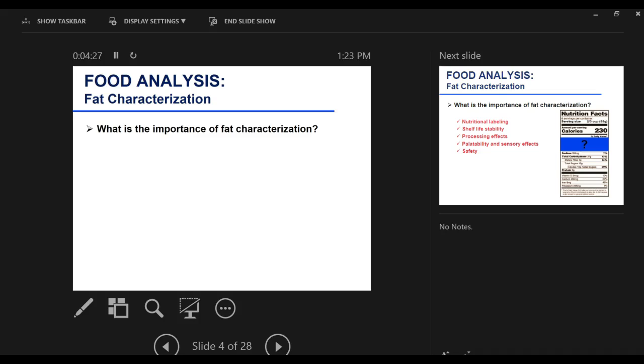So on the nutrition label, what do you see other than total fat? Yes. Yeah, we have trans fat, polyunsaturated, saturated, and one more thing. Laura? Cholesterol.